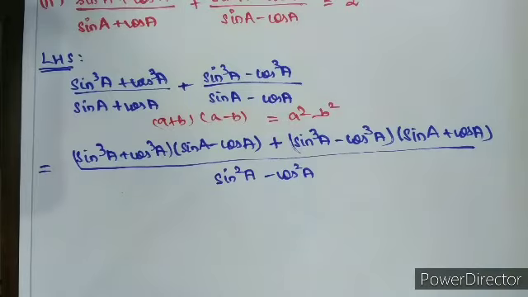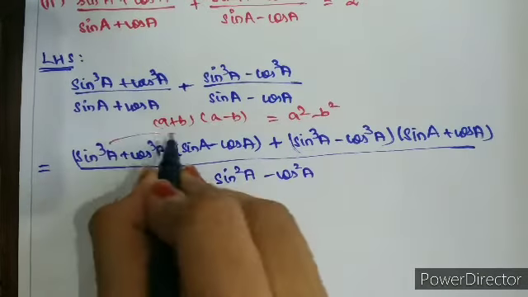So now just multiply each and every term inside the brackets.